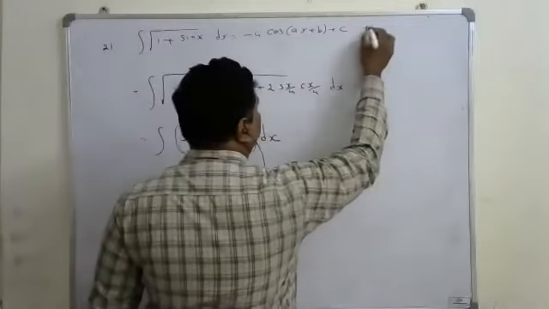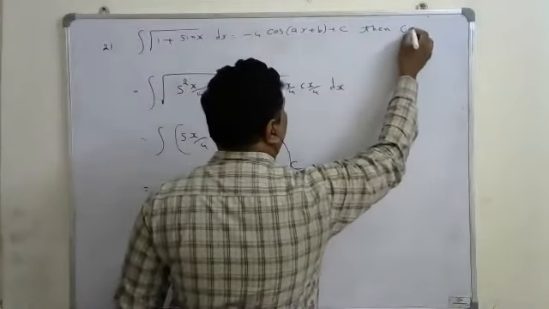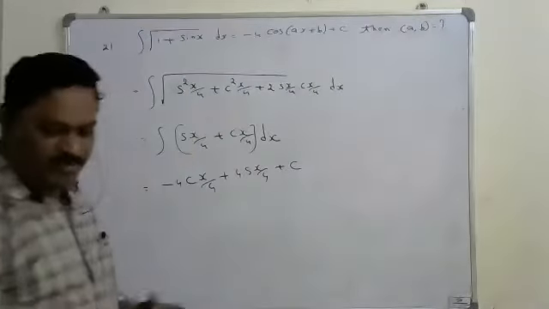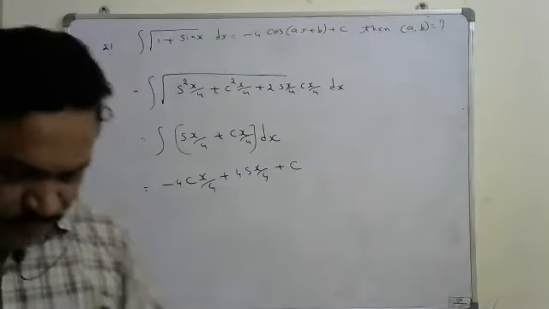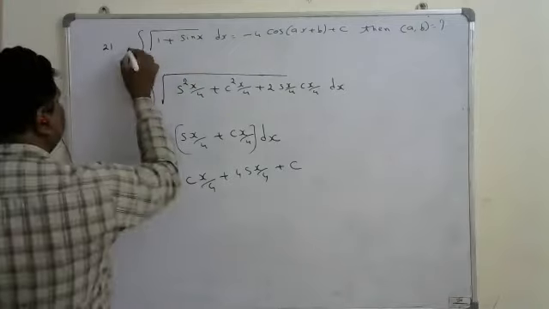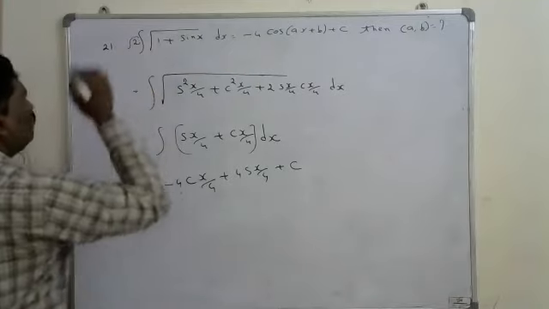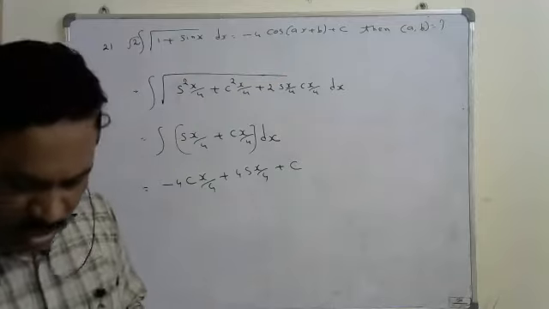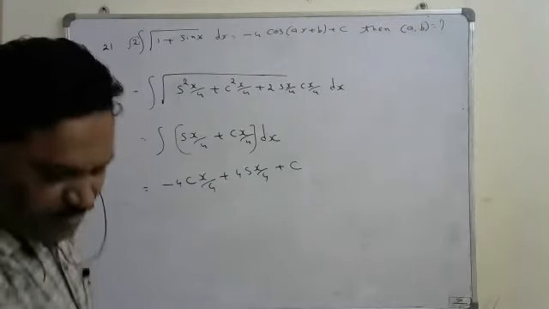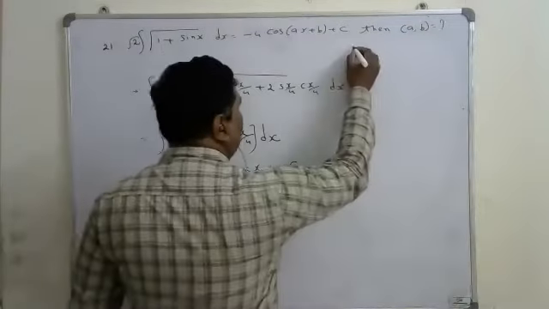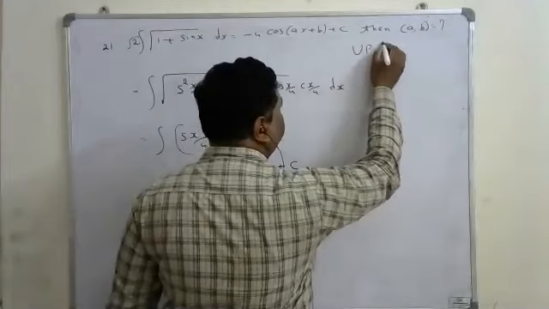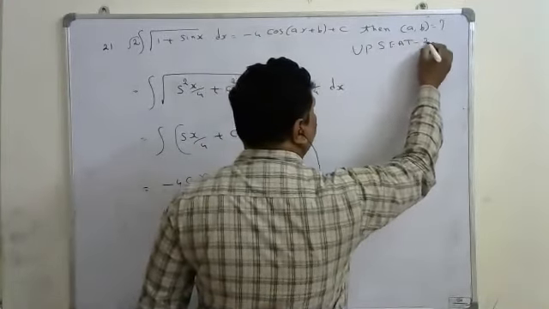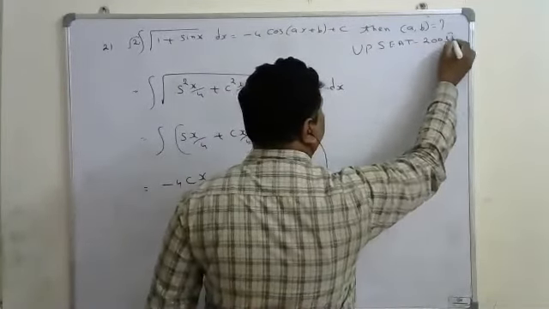Then what are the values of a and b? Outside there is also a root 2: root 2 times the integral of the square root of 1 plus sin x dx is given as minus 4 cos of ax plus b, plus c. This was given in the Uttar Pradesh State Engineering Admission Test, 2003.